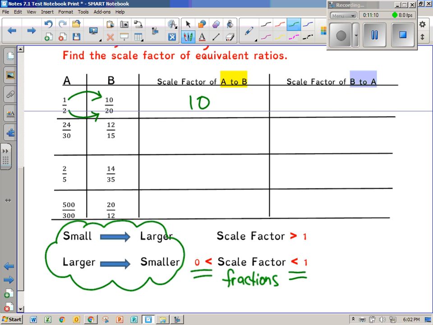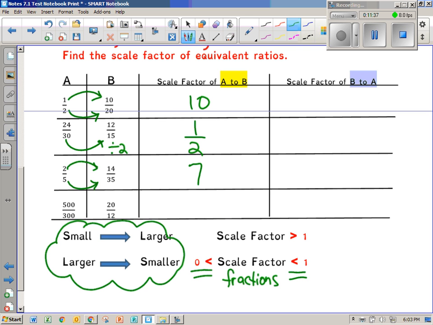On the second one, to get from here to here, we're dividing. So I'm just going to write here, we're dividing by 2. So the scale factor when you divide is the fraction. It's 1 over whatever you're dividing by. The third one, ask yourself, what are we multiplying top and bottom by? Well, 7. So 7 is the scale factor.